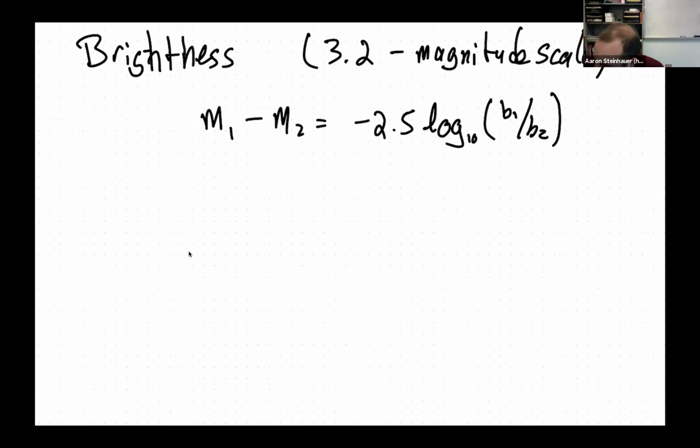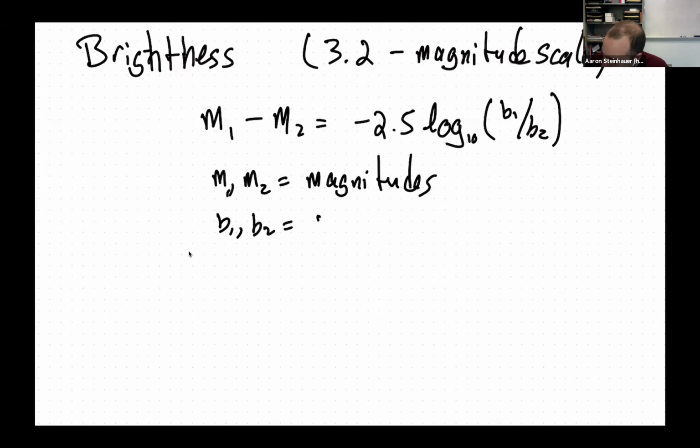So what are these things? M1 and M2 are magnitudes. And B1 and B2 are brightnesses. These are what a normal physicist would use for the brightness of things.